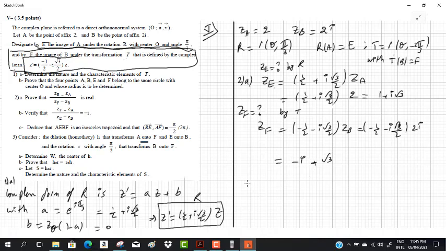Now we have to calculate ZE minus ZA over ZF minus ZB.